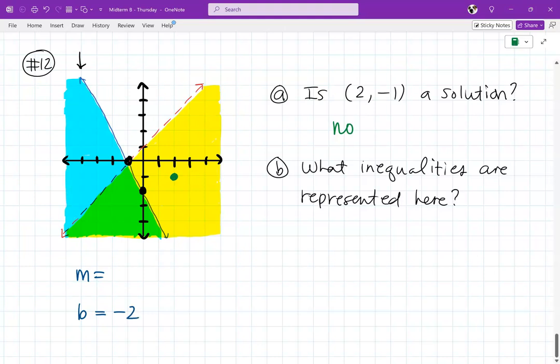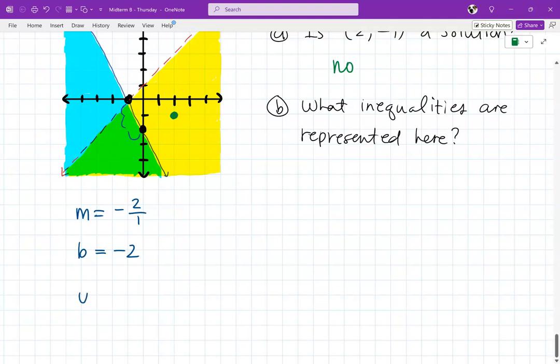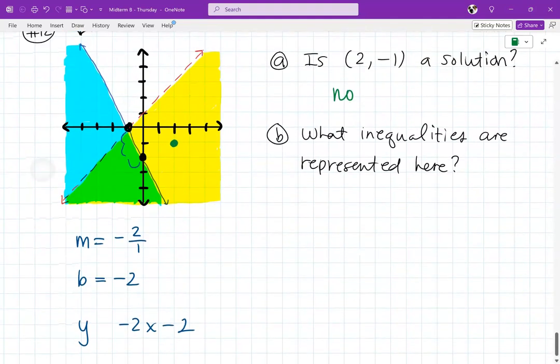That's pretty easy. I can tell the dot on the y-axis is at -2. My slope from that black dot to the other black dot is down twice and once over, -2 over 1. So y, mx plus b, -2x minus 2. My line is solid and shaded down, less than or equal to.